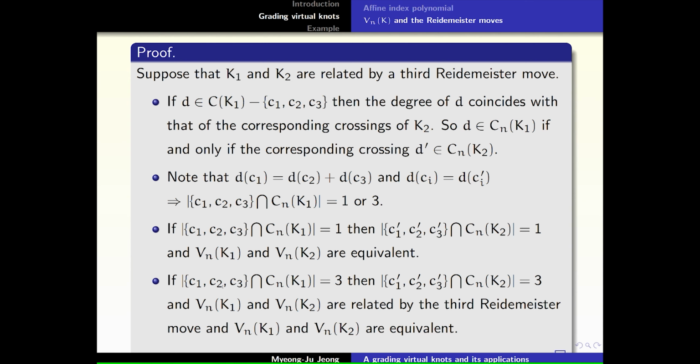Similarly, if we consider this case, then V_n K1 and V_n K2 are related by the third Reidemeister move, and so V_n K1 and V_n K2 are equivalent.